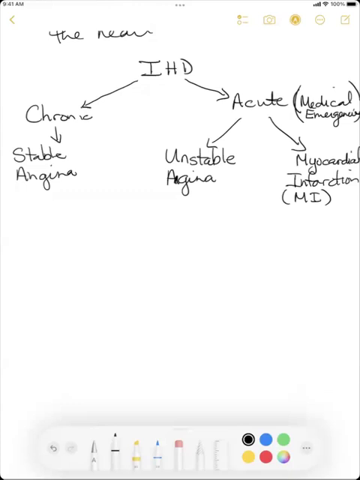but before we do, the cause of this is generally atherosclerosis. It doesn't always have to be atherosclerosis, but it usually is. Etiology is atherosclerosis. And there are a lot of risk factors for this. Basically, they're the same risk factors that are associated with stroke.